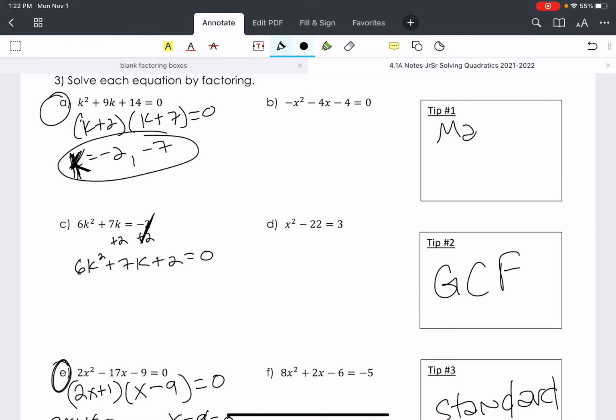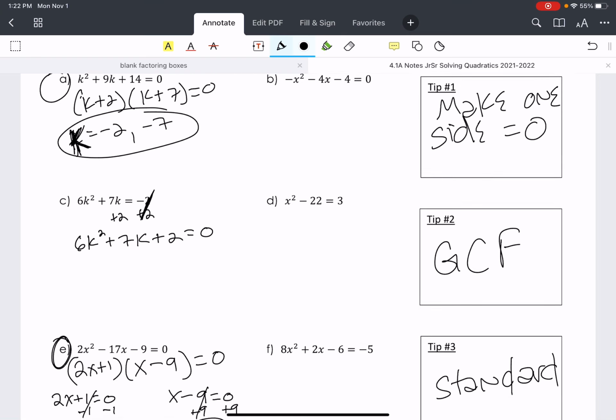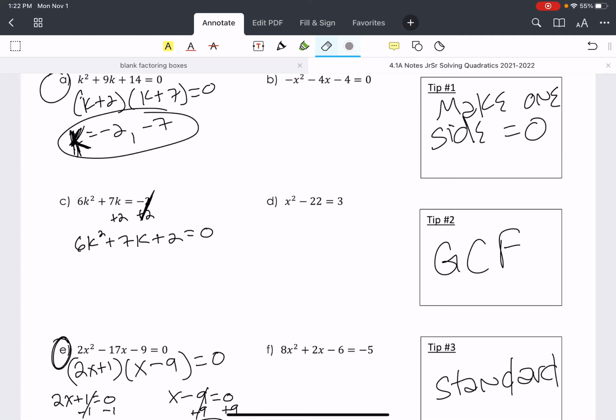You make one side equal 0. Those are your tips. So GCF and standard form, good, I'm getting that drilled in your brain. But now we have another one that's even more important. One side has to equal 0 or none of this will work. Okay? You guys with me?